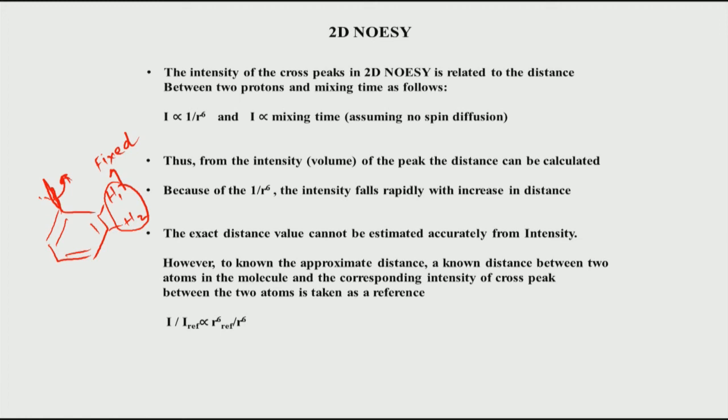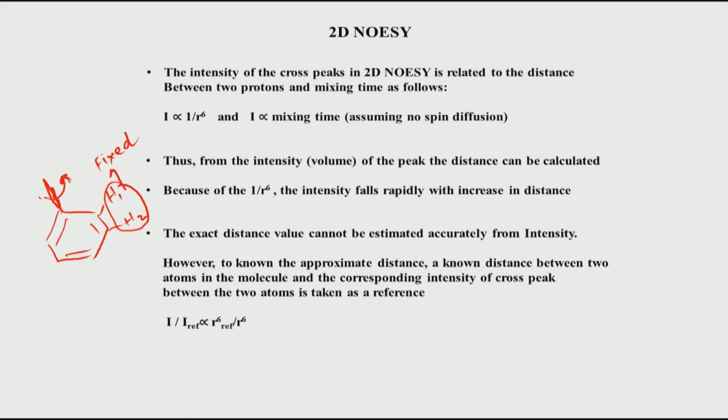So, what a large number of people typically do is just qualitatively look at the intensity. If it looks like a very strong peak, we say it is a very short distance, if it is a very weak peak, we say it is a long distance, but long distance still means within the limit of 6 Angstroms.